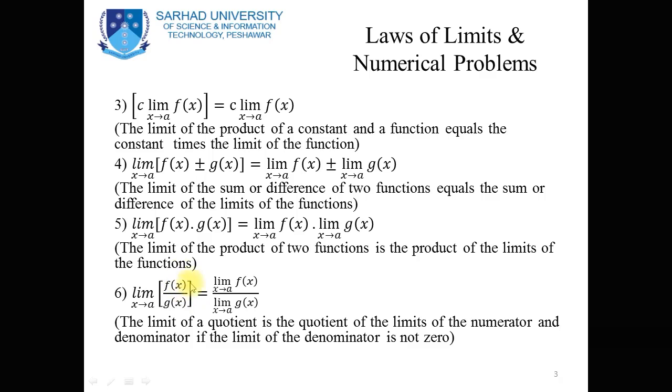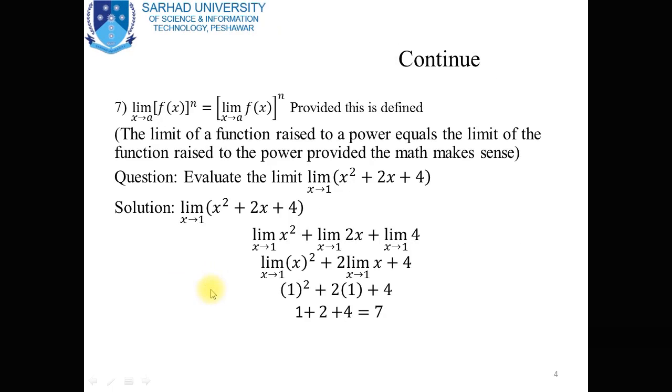When two functions are in the divide form, then apply the limit to the numerator function and apply the limit to the denominator function, if the limit of the denominator is not 0, because we know that any non-zero term divided by 0 is equal to infinity. So if the limit of the function g does not equal 0, then apply the limit for the numerator and apply the limit for the denominator, and then simplify, you will obtain the result.